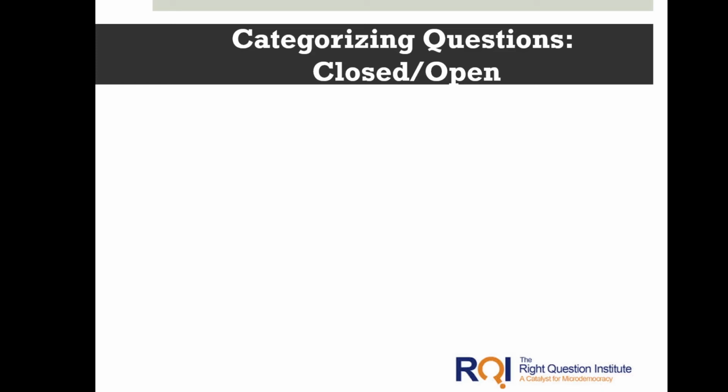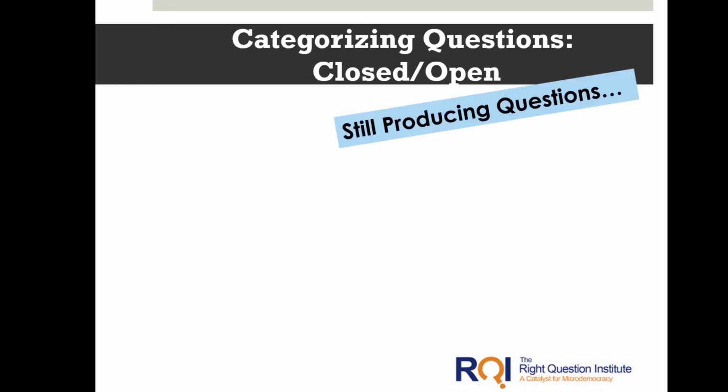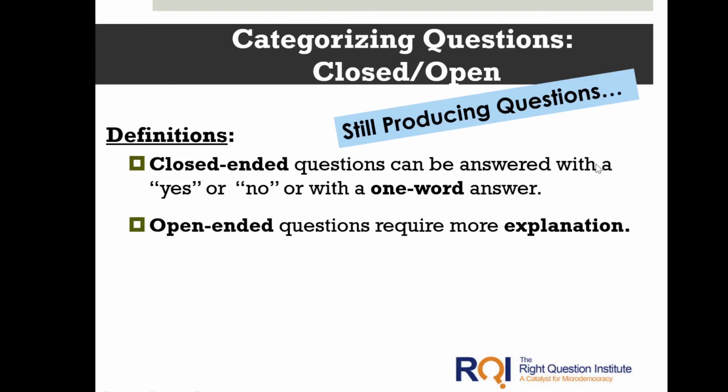The next thing, once we have done that and we have the questions and we're still in the producing questions step, we need to help students understand the difference in closed-ended and open-ended questions. And kids catch on to this even at the primary level.